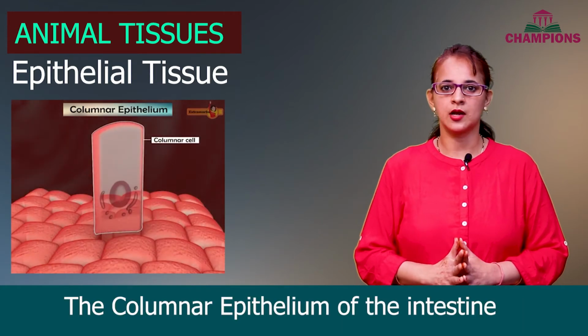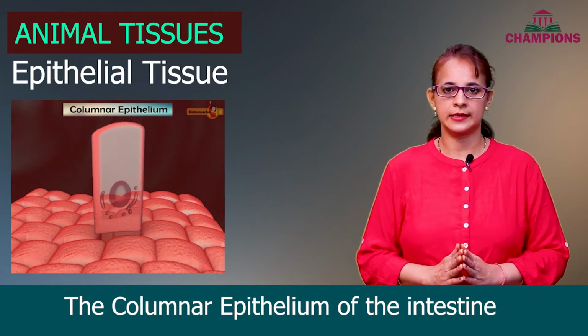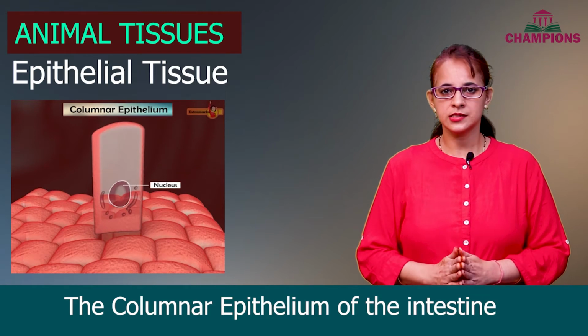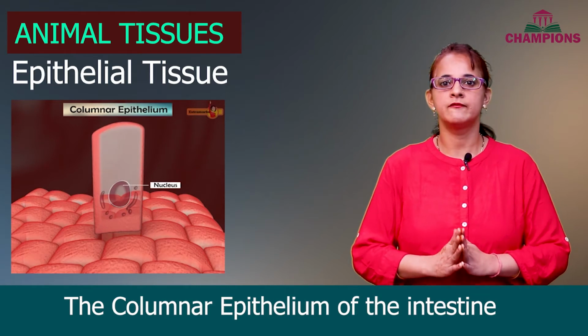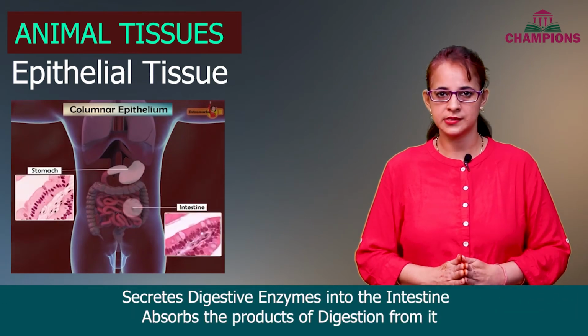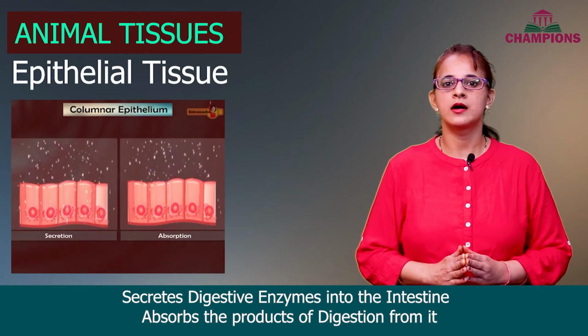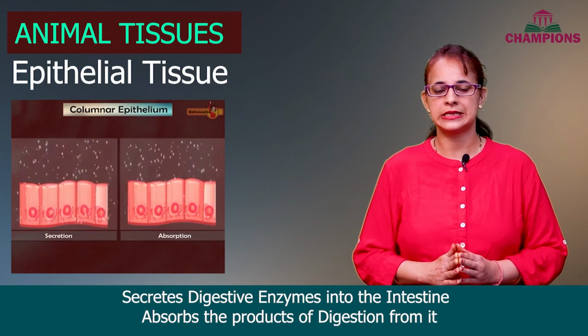Since the cells are elongated, their nucleus is also elongated, and this type of epithelium is specifically found in the alimentary canal. And what is the purpose there? The function of this tissue is to help in the fast absorption of food in the intestine.